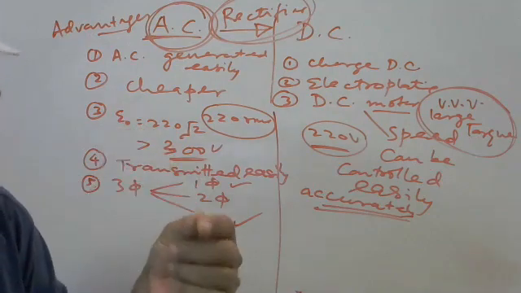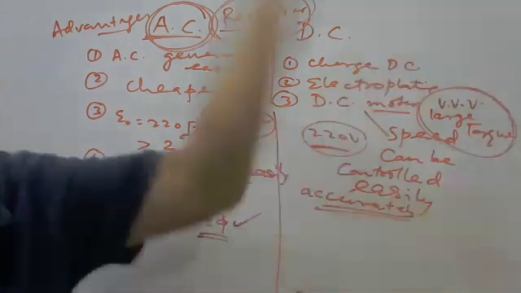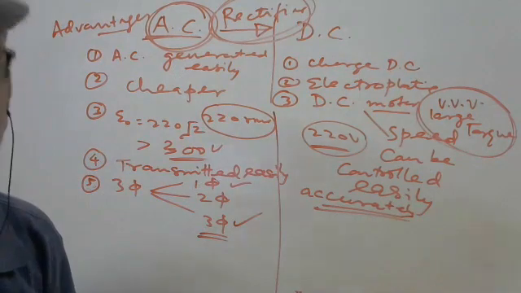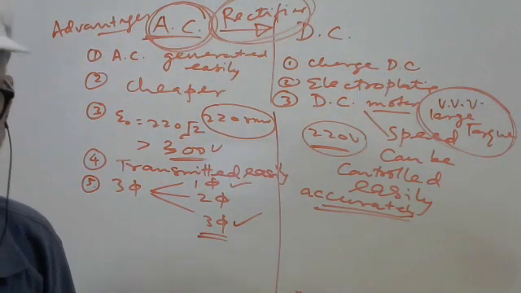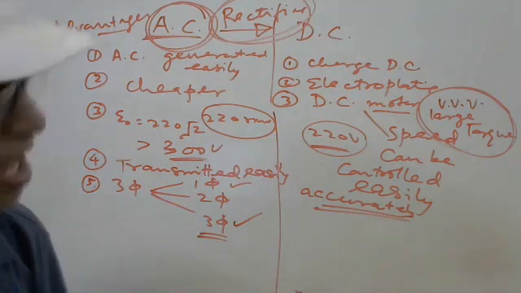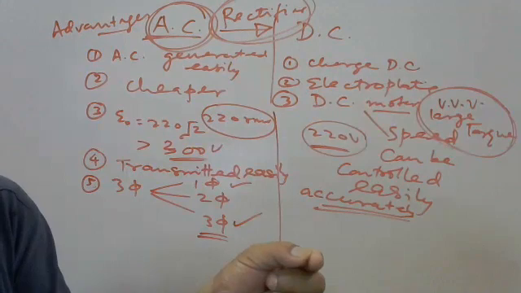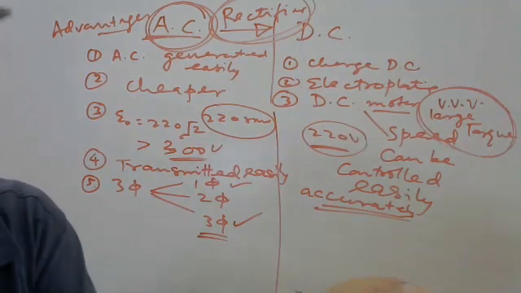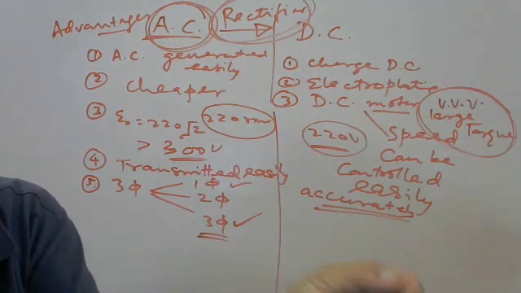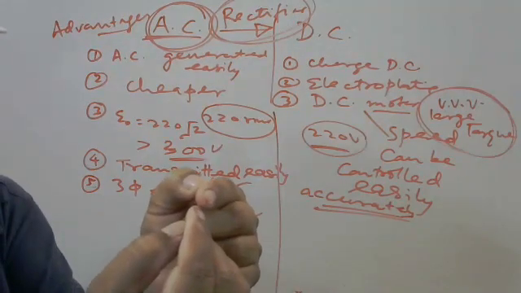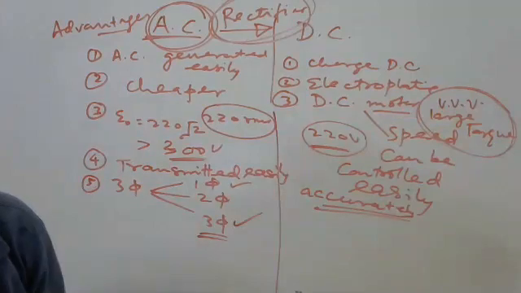The same train can acquire a speed of up to say 400-500 km per hour. In India, roughly 130-140 km per hour. It can also be 0.1 km per hour or even less, say 1 meter per second. It can just move like this, and speed can be controlled easily.